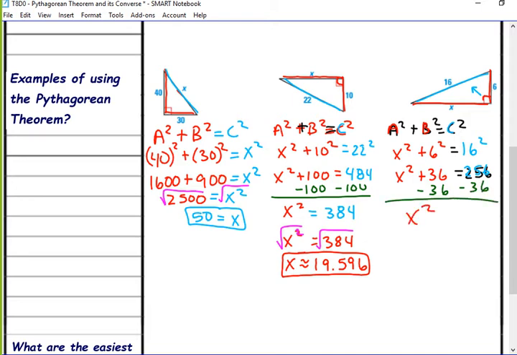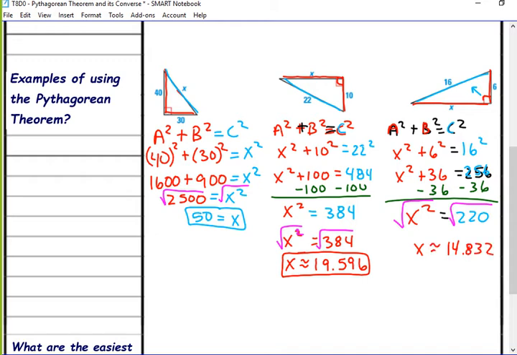Okay, so 256 minus 36 is going to be 220. And of course, let's square root in our last step. So x in this case, the square root of 220 is going to be 14.832. And again, since we're rounding, let's approximate.